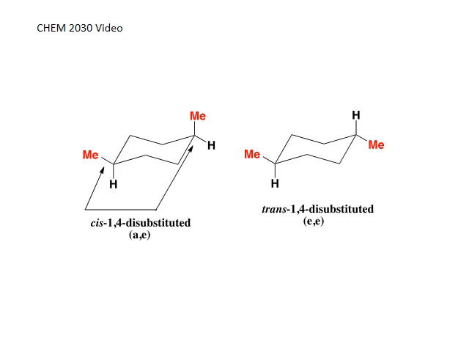Now if you look at trans, the equatorial positions 1 and 4 on trans, one points down and one points up, and as a consequence, trans 1,4 disubstituted preferred three-dimensional orientation is going to be diequatorial.